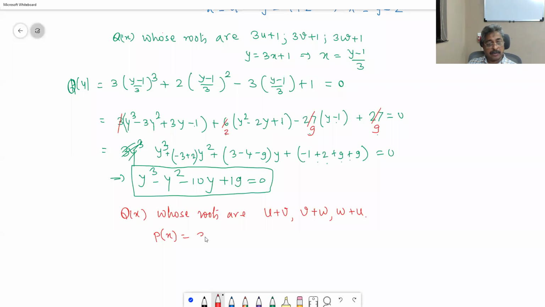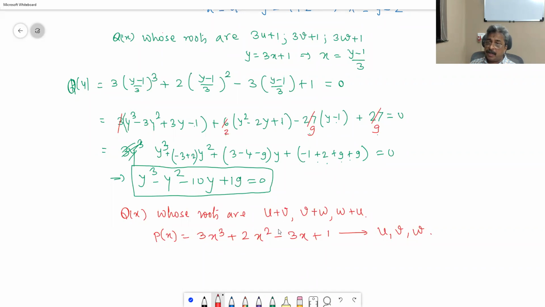We have written 3x cube plus 2x square minus 3x plus 1. And it is given that this polynomial has three roots, u, v and w. And you are required to find out the polynomial whose roots are u plus v, v plus w, w plus u.